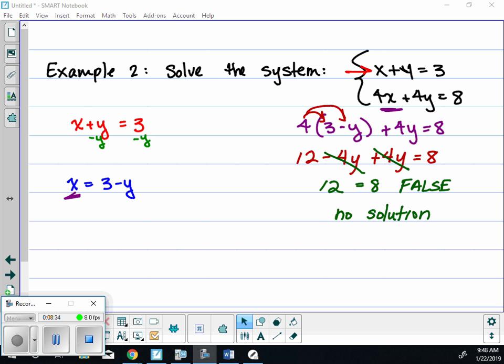If we actually got a value for y, we would take that value for y, plug it back in over here to solve for x, and we would get our two answers. If you end up with a false statement, it means that there is no solution. If you end up with a true statement, like 8 equals 8, you have infinitely many solutions.